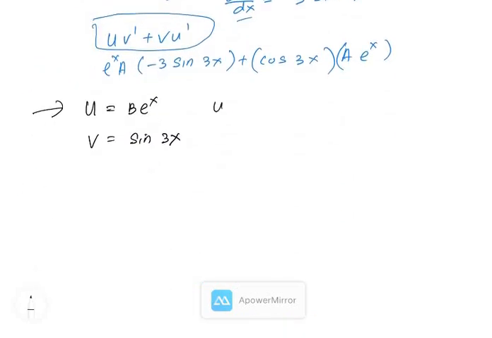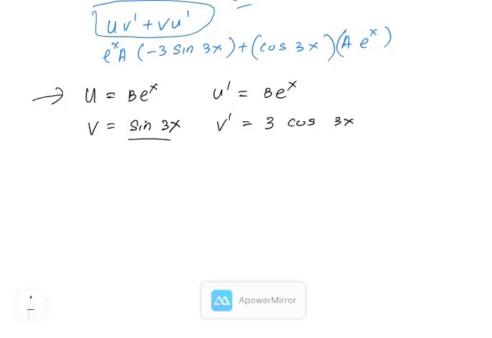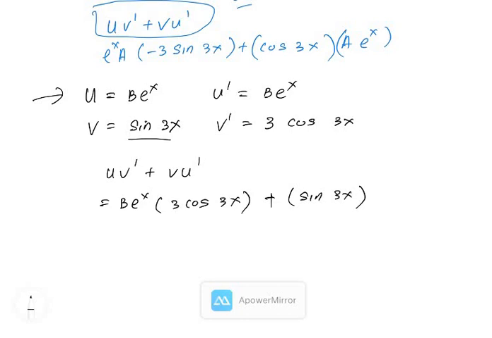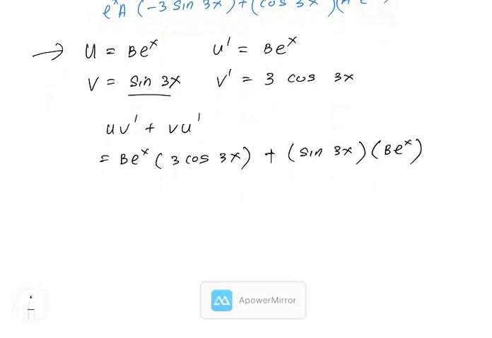Now u prime equals b e to the power x, and v prime, you differentiate this one, you get 3 cos 3x. So again, you follow the rule, u v prime plus v u prime. u is b e to the power x, v prime is 3 cos 3x, plus v is sin 3x, u prime is b e to the power x. So this is for the second part.